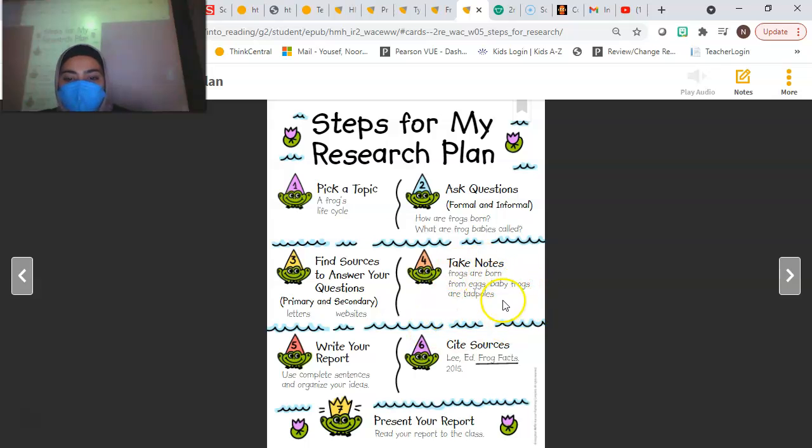Step 4, take notes. Frogs are born from, so this is where you do your research. How are they born? They're born from eggs. Baby frogs are tadpoles. Step 5, you're going to write your report. Use complete sentences and organize your ideas. Step 6, cite your sources. Remember we talked about citing? That's where you put the last name of the person and then comma first.